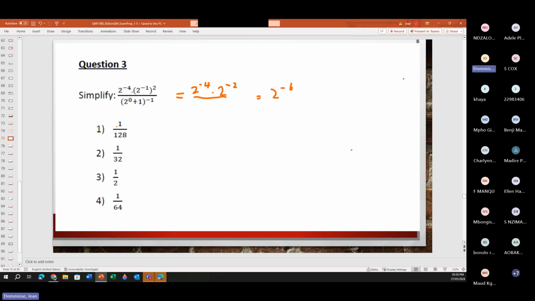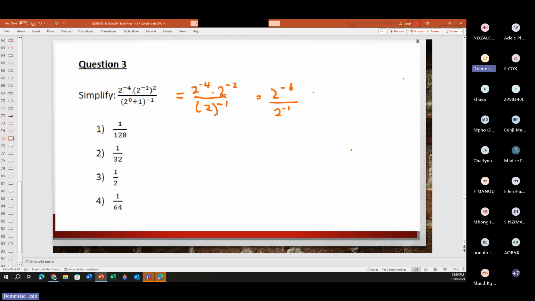Let's just see if we have something to divide by. 2 to the power of 0 is 1. 1 plus 1 is 2. 2 to the power of minus 1. Okay, so 2 to the power of minus 1.